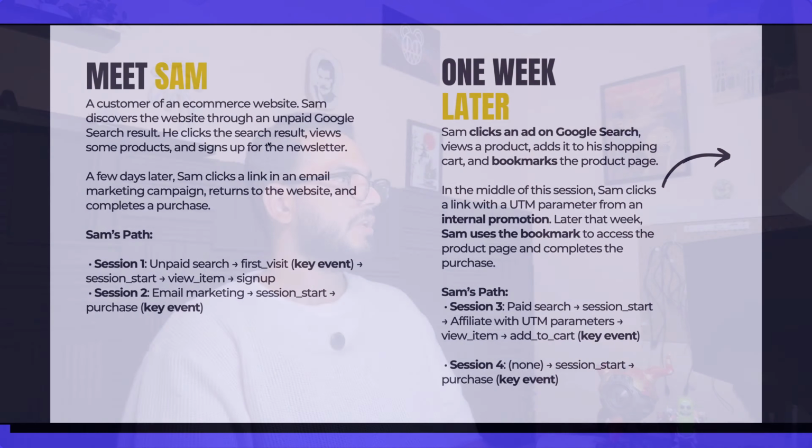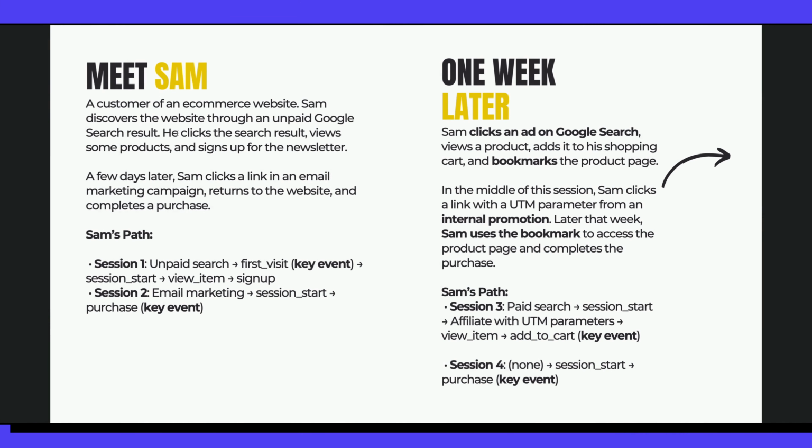So let's take an example that will explain how each one of them would be different. Let's say that we have a customer. That customer visited our website for the very first time through an unpaid Google search result. They simply searched for our website, and then they entered that website and signed up for a newsletter.